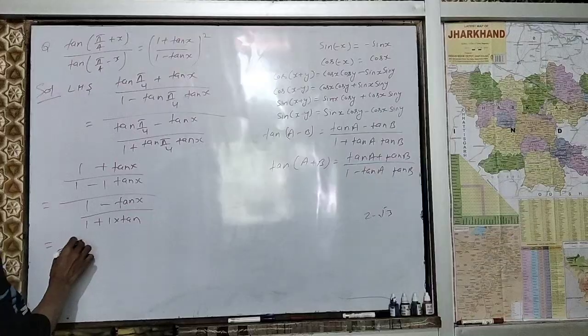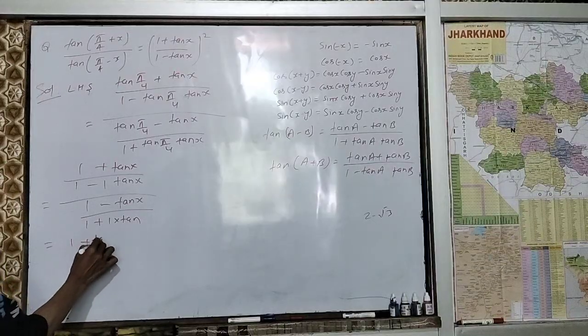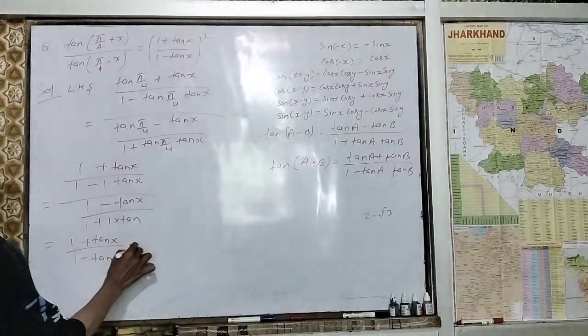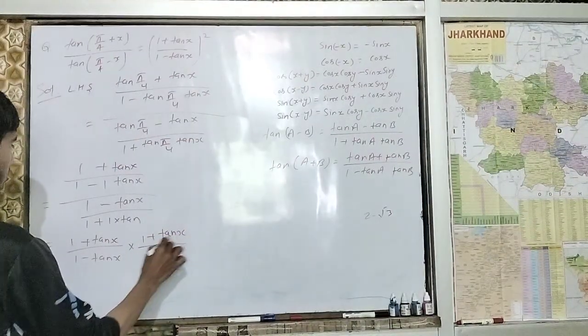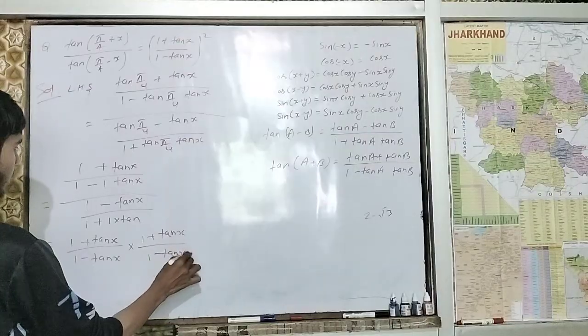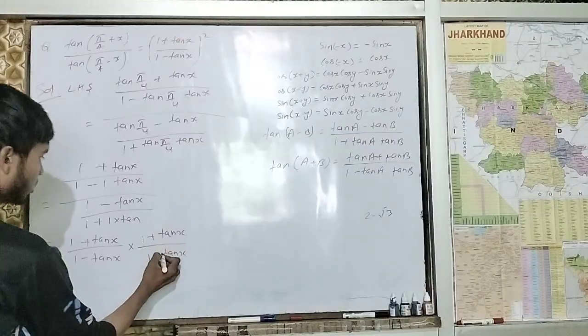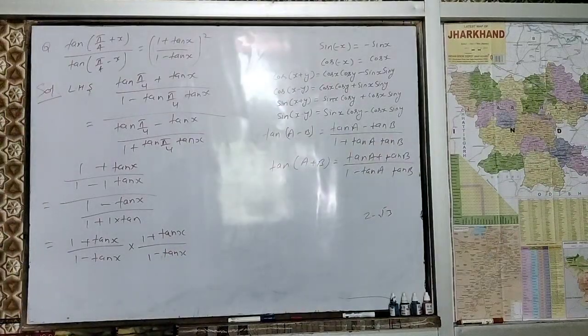What is happening over here? 1 plus tan x upon 1 minus tan x into 1 plus tan x upon 1 minus tan x. Clear? This is what is happening over here.